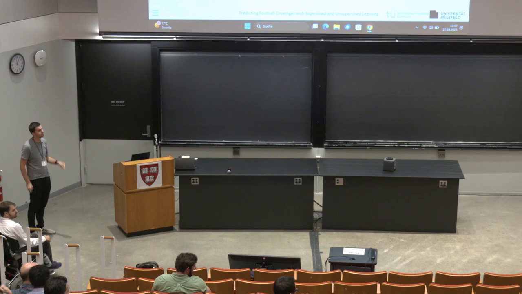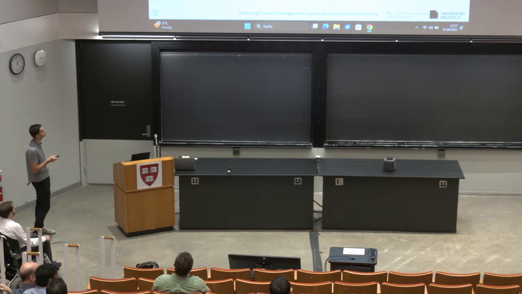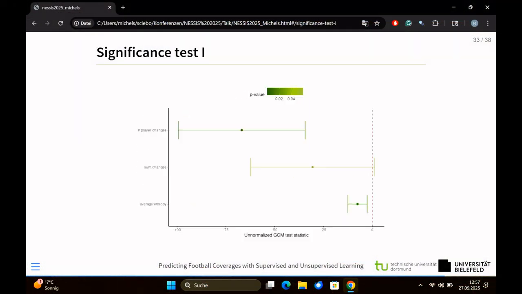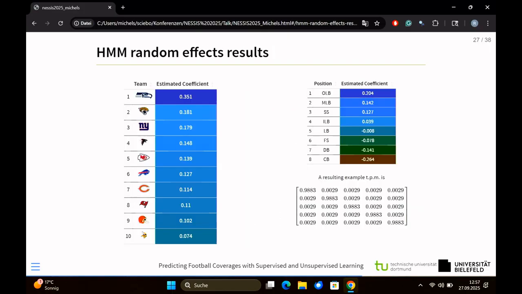Hey, great talk. So two questions. Can you go back to the slide with the team rankings? The previous one, where I think the Seahawks were on top. So this is the highest variability in offenses based on the different coverages, right? That means this comes into the transition probability matrix.